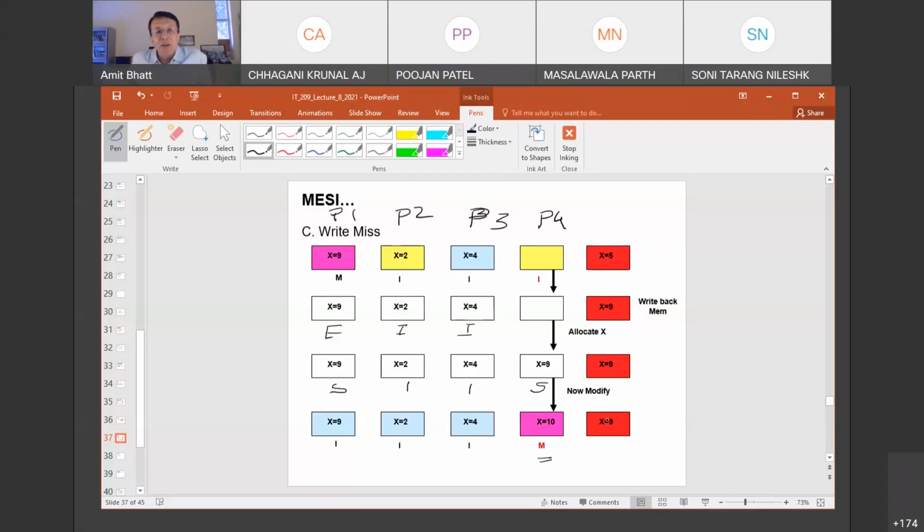Some of you may wonder why take pains to update the main memory with the old value first, and then replace it with a new value. Why can't we just wait until the new value X equal to 10 is written and then put it into main memory, so that this one step in the middle can be avoided?